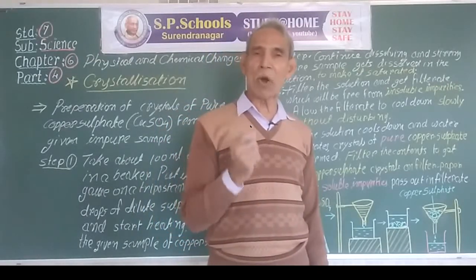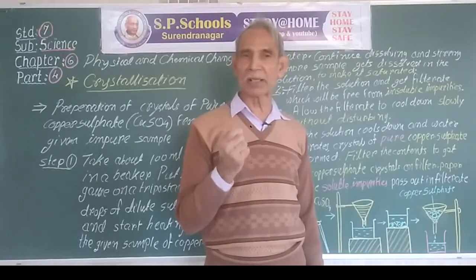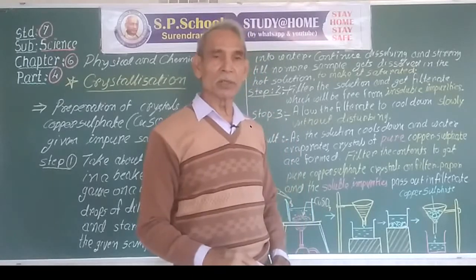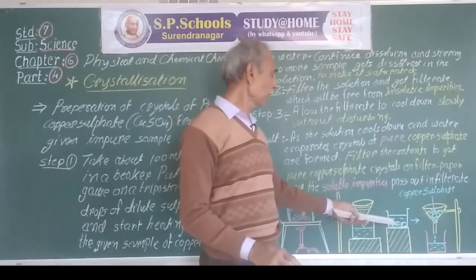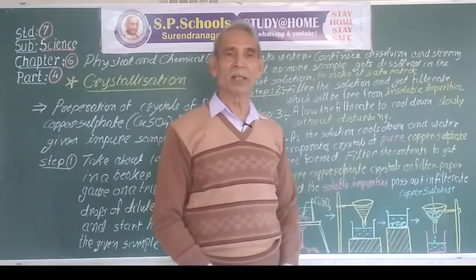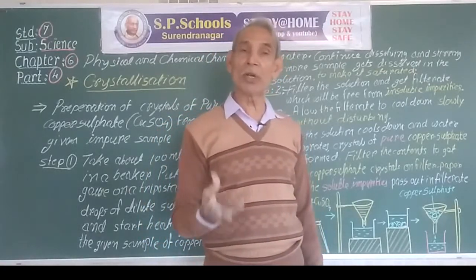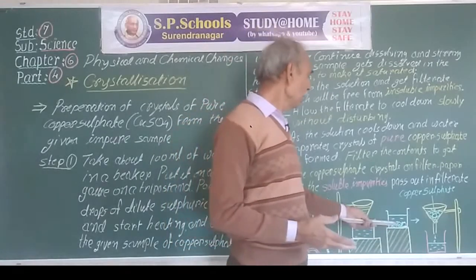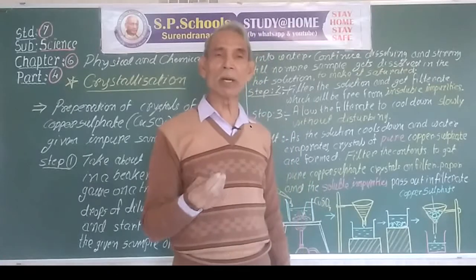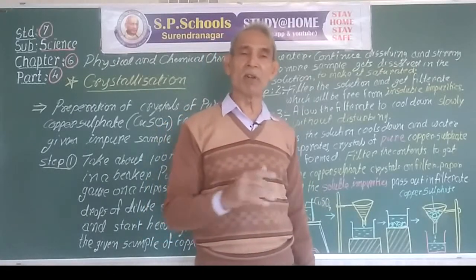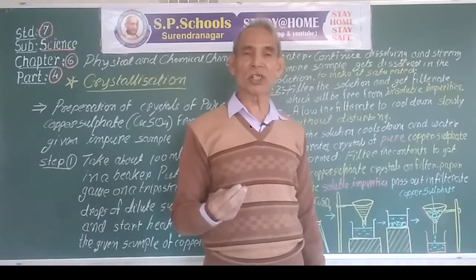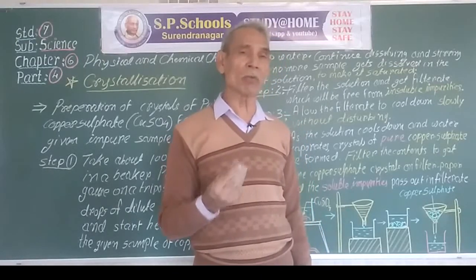So only pure copper sulfate crystals are formed, whereas other soluble impurities remain in the solution. The impurities which are more soluble would remain inside the solution, whereas copper sulfate, which is less soluble than those impurities, will be crystallized out. We will find large crystals of copper sulfate in pure form.